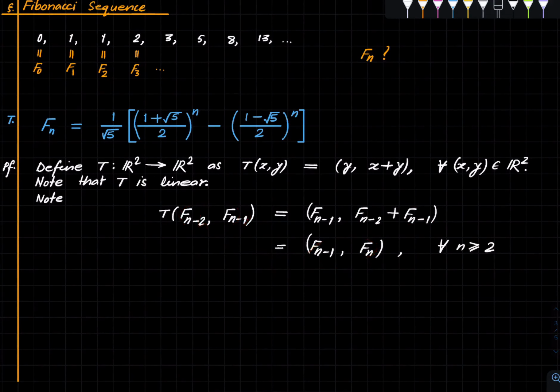And therefore, one can easily prove that. Main observation is that the nth iterate of this vector is this.